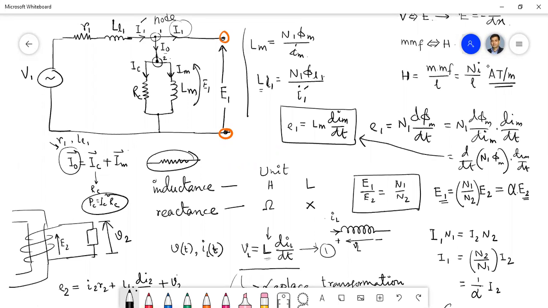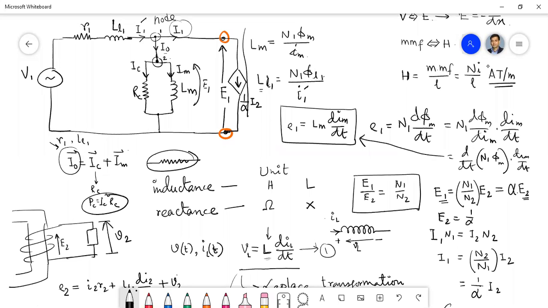So that means I1 is basically a current controlled current source, and we can show that over here, and the value is 1 by alpha I2. And what is E2?